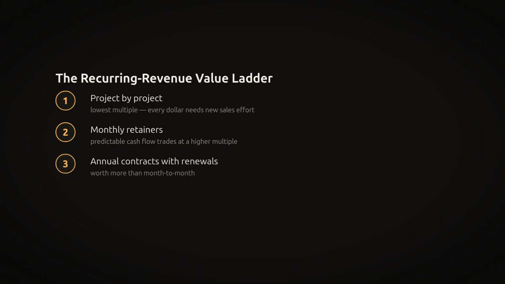Annual contracts with renewal clauses are worth more than month-to-month arrangements. Subscription models are worth more than contract models. If you're planning an exit in 3 to 5 years, transitioning your revenue model toward recurring structures, retainers, maintenance plans, memberships before the sale is one of the highest ROI decisions you can make.